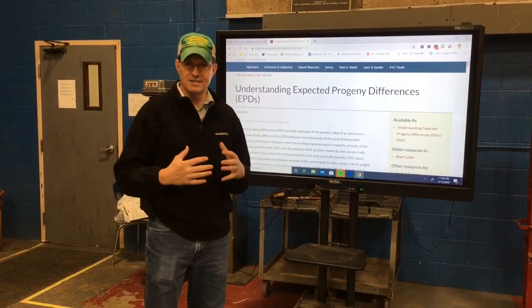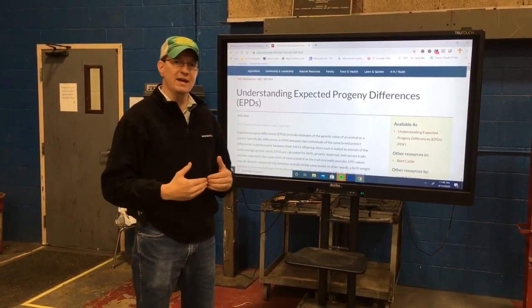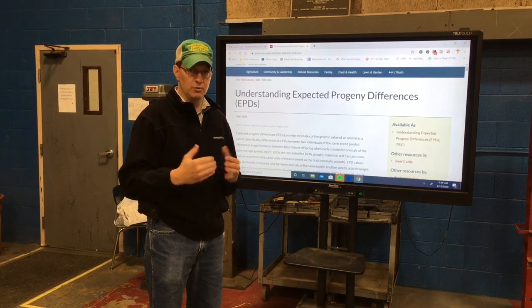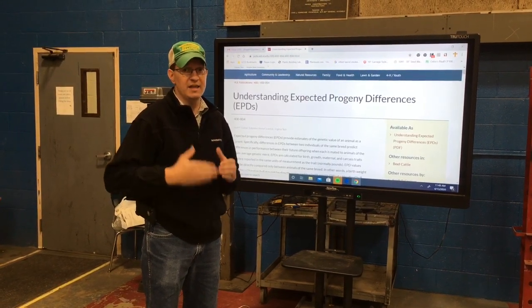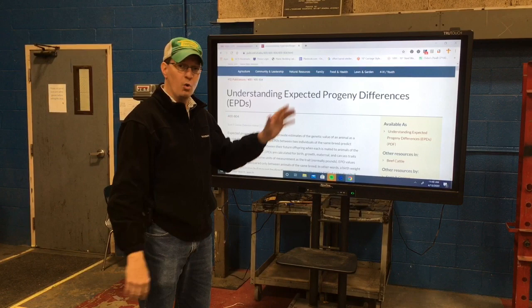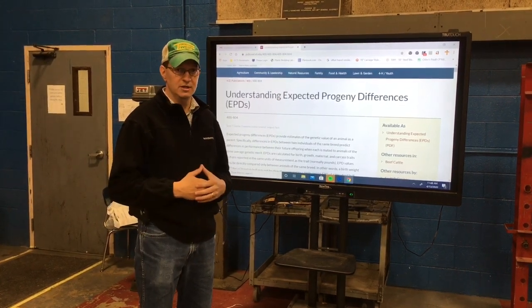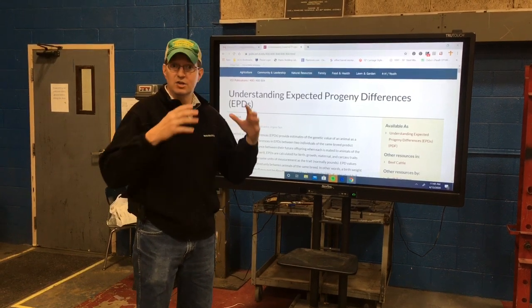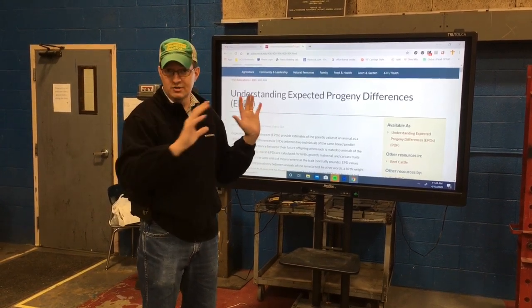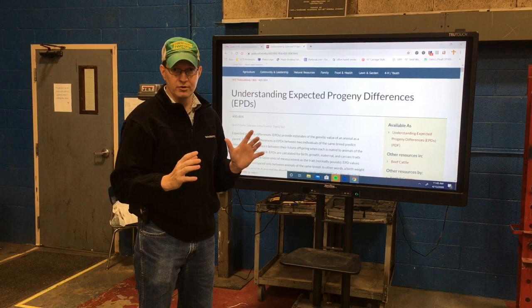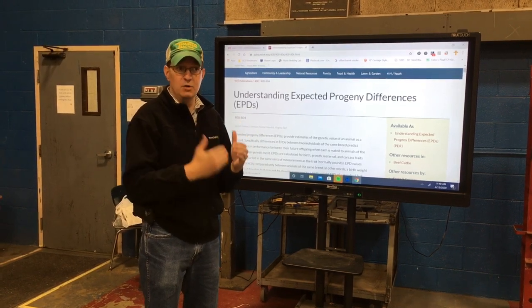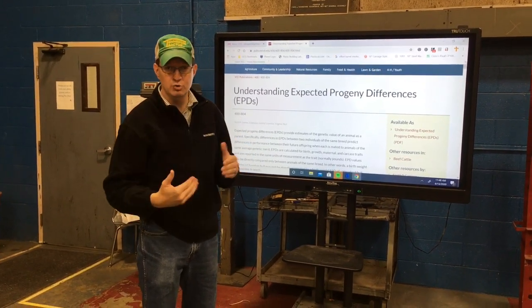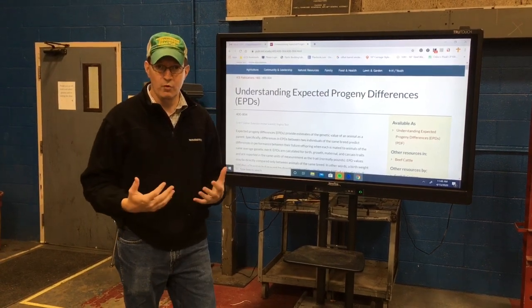So if we're selecting a bull, we're going to look at EPDs on that bull relative to what that bull's offspring or progeny should do. So if we were to look at humans, this would be like your parents would have a certain EPD number, and that EPD would be in relation to what you should do physically in performance.